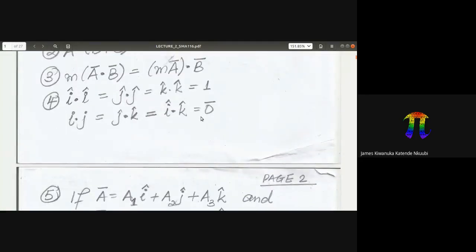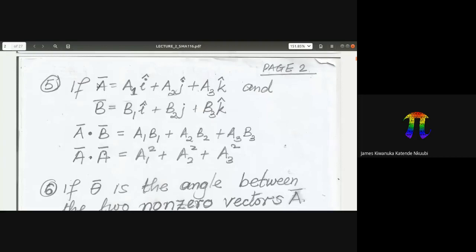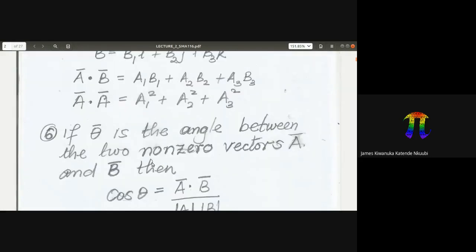Since we know all this, we can get the dot product of A and B and simplify it to A1 B1 plus A2 B2 plus A3 B3. The same thing happens to the dot product of a vector with itself. You have A dot A equal to A1 squared plus A2 squared plus A3 squared. So also you will notice that the dot product is the square of the magnitude of A. So if you want the magnitude of A, it's the same as the square root of the dot product of A with itself.